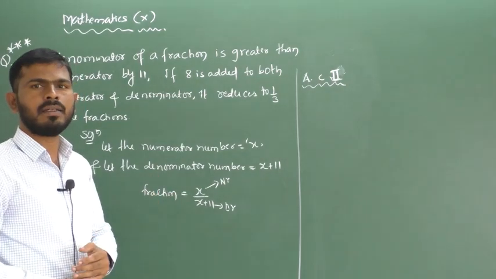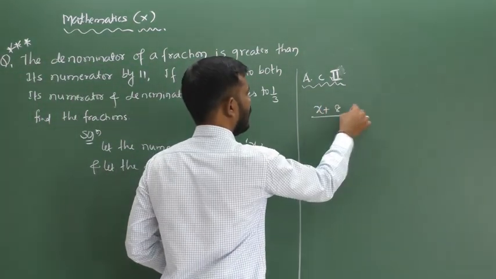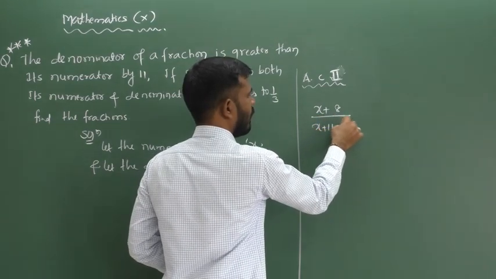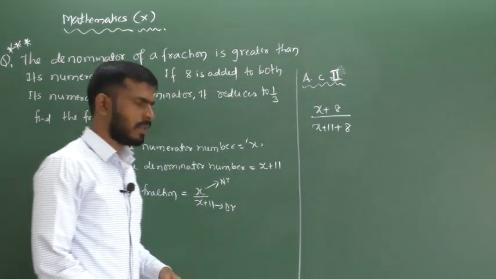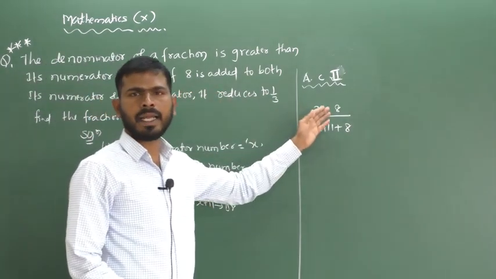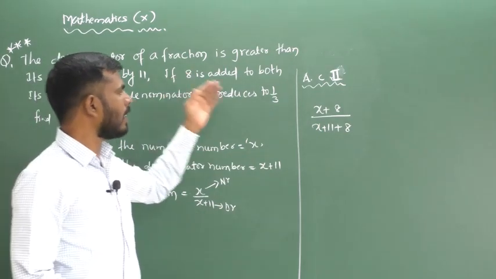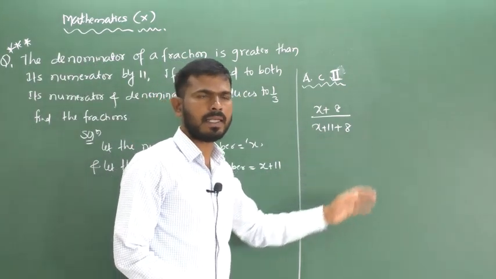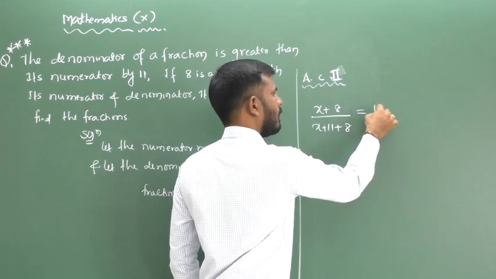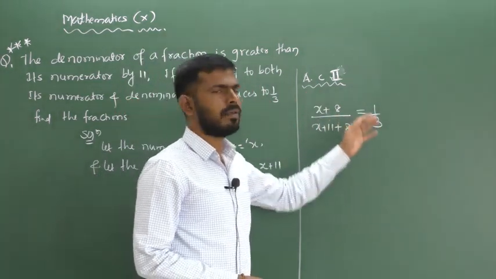Adding 8 to both, the numerator x becomes x plus 8, and the denominator x plus 11 becomes x plus 11 plus 8. The fraction is reduced, so we take it equal to 1 by 3.